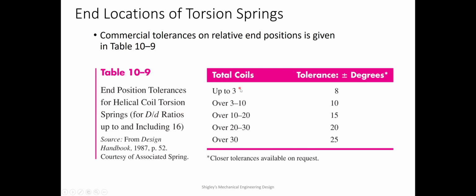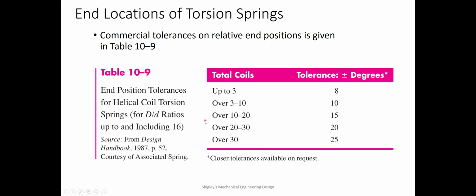When the total coil is over 30 turns, the tolerance equals plus or minus 25 degrees. If it is 3 turns, its tolerance is a smaller degree value.